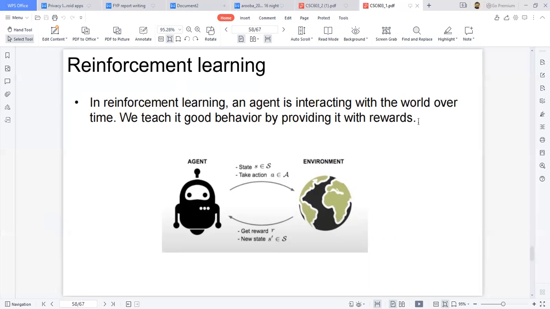If the agent takes some action and the action is good, we will reward it and it will learn. If the action is not good, we will punish it, then it will unlearn those things. So it can learn good behavior based on the reward.